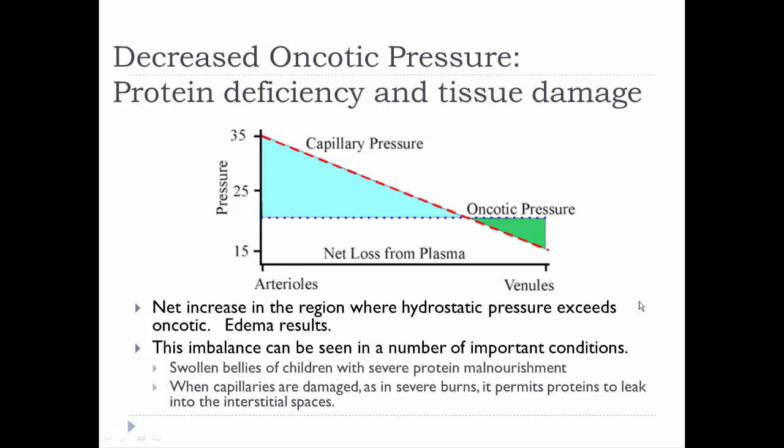Now, this kind of imbalance we can see with, again, protein deficiencies or starvation. If a person has been starving, they'll first use up all their fat stores, and then they're going to turn to their muscles and pull the protein out of the muscle.